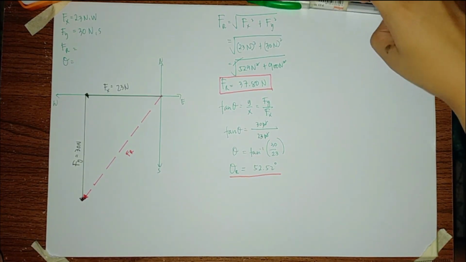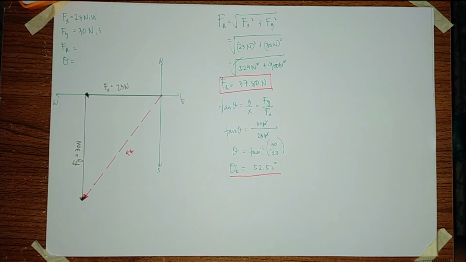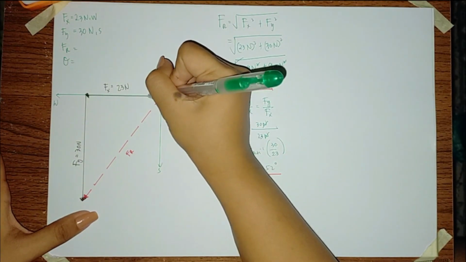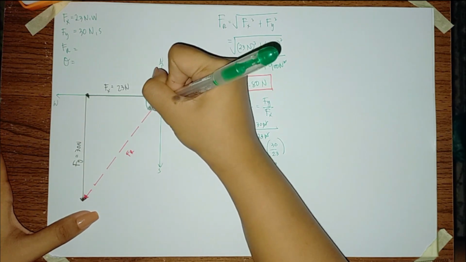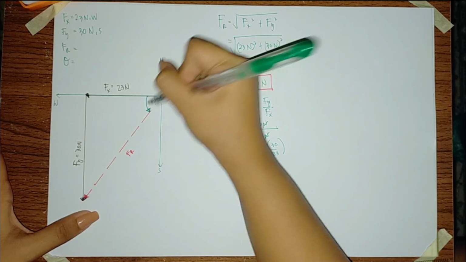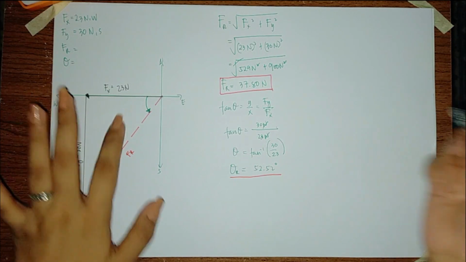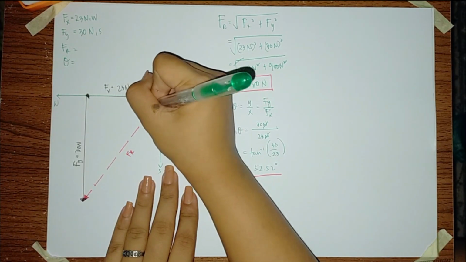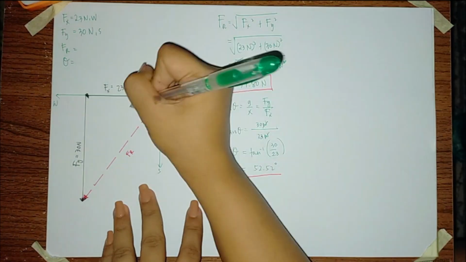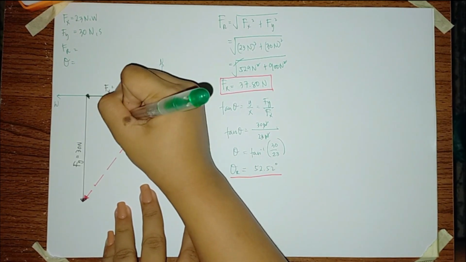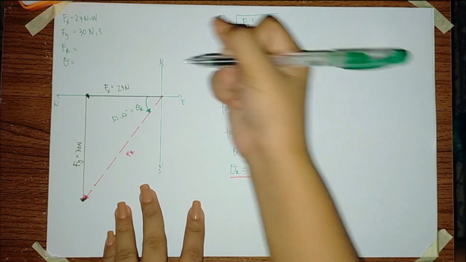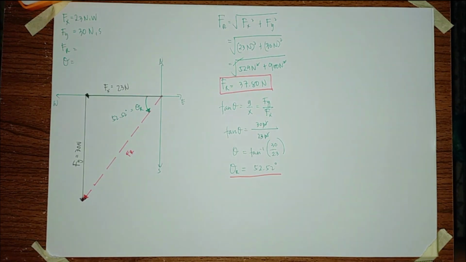Take note that our reference angle always starts from the x axis. So, it starts from here and goes down. So, this is now our reference angle. This is our theta sub r, the 52.52 degrees. Now, what would be our final angle?